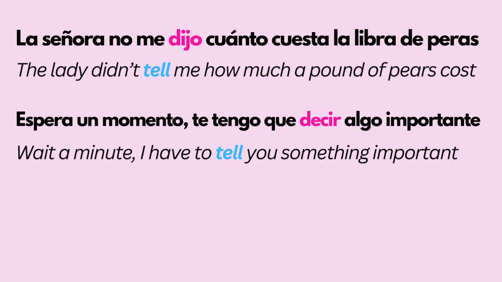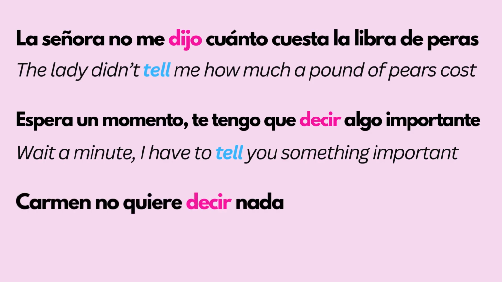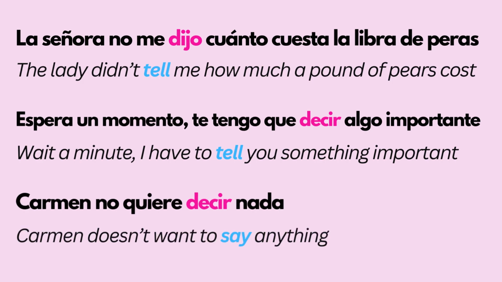Now, in the third sentence, Carmen no quiere decir nada. Carmen doesn't want to say anything. The verb decir is translated as to say because it refers to Carmen's willingness or desire to speak or utter words. The focus is on the act of speaking itself rather than the act of conveying information to someone else.